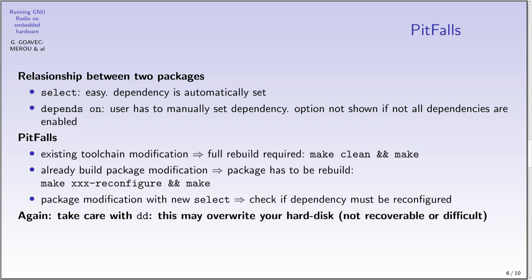The most common command is dd with a source, usually the SD card .img provided by Buildroot, and a destination. The destination is usually an SD card, but it's really important to double check the /dev/something point of your SD card or of your hard drive.